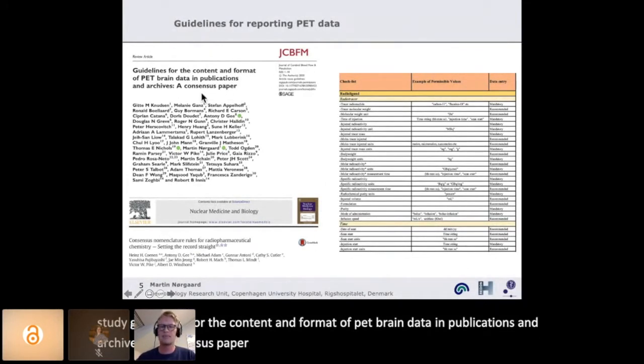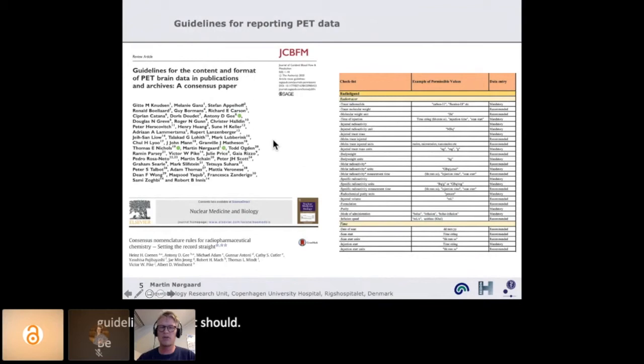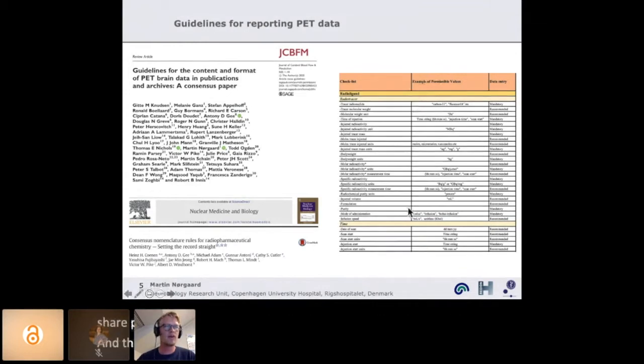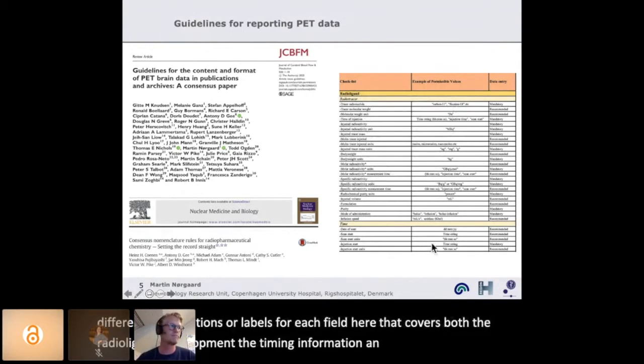What was really nice about this study is that over 40 researchers from different centers joined forces and came up with a guideline for what should be in both a paper and a database or data format if you want to share PET data. This is an example of the outcome of the paper. Here you have all the different specifications or labels for each field that covers the radioligand development, the timing information, and information about the PET scan.